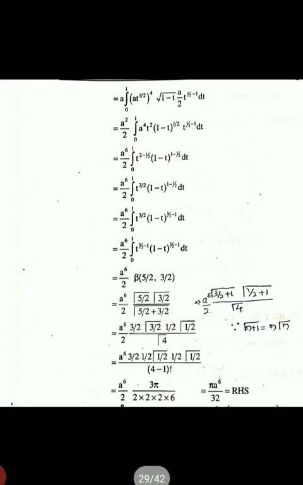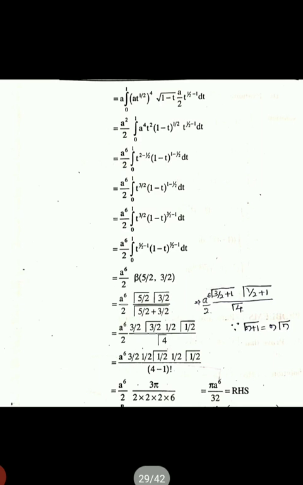A raised to 6, 3 by 2 as it is, and gamma 3 by 2 can once again be written using the standard formula as 1 by 2 gamma 1 by 2, because 3 by 2 is 1 by 2 plus 1. Applying the formula gamma n plus 1 equals n gamma n, we get 1 by 2 gamma 1 by 2, and the remaining as it is, divided by gamma 4.